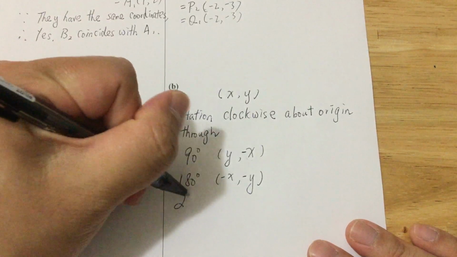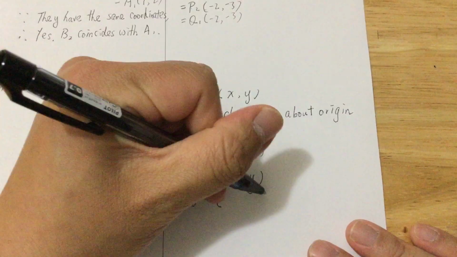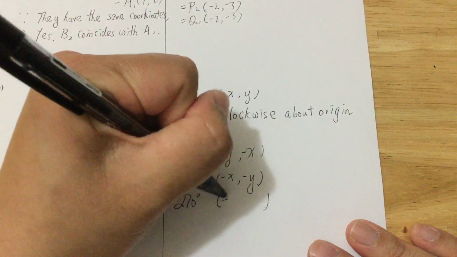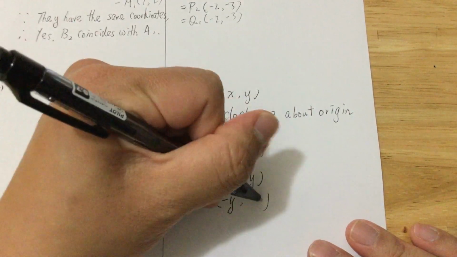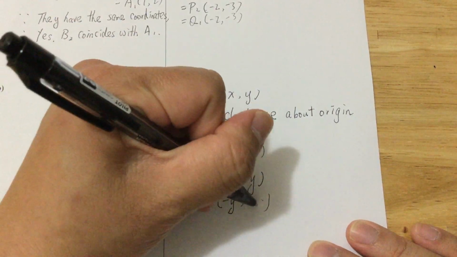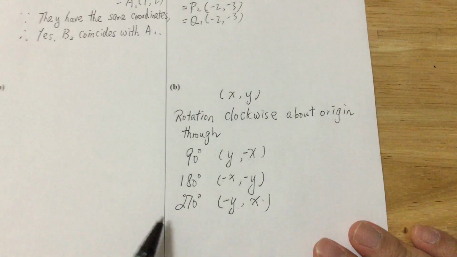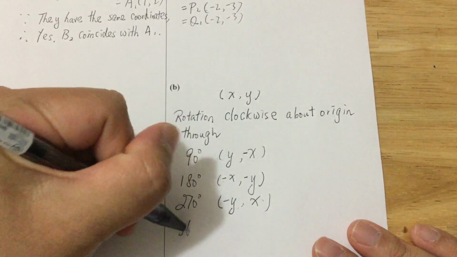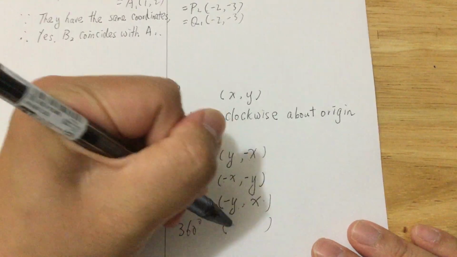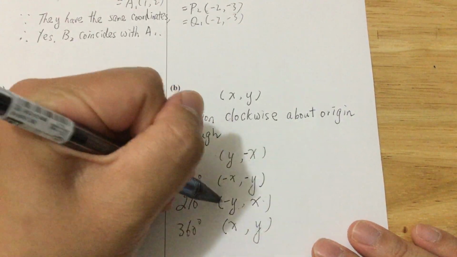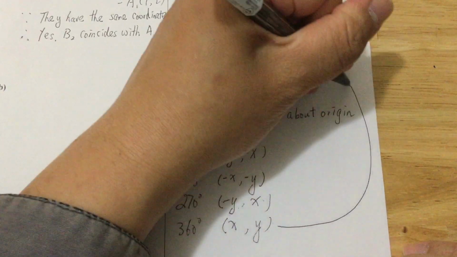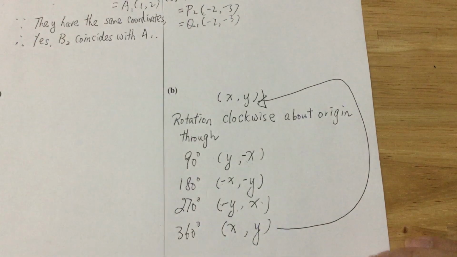And for 270 degrees, once again, you interchange these two with -y, and then x goes here, because we have two negative signs, so we have a positive here. And after that, it's obvious, 360 degrees is once again (x, y), it will go back to the original one.